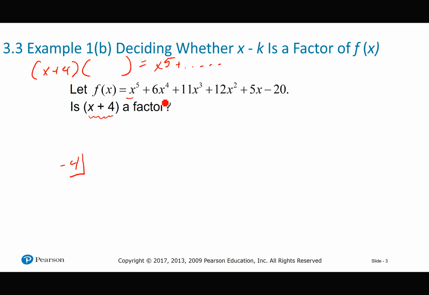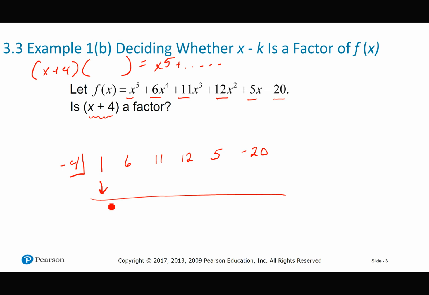And then I'm only looking at coefficients for synthetic division. So this would be 1, 6, 11, 12, 5, negative 20. How do I do synthetic division again? What's my first step from here?